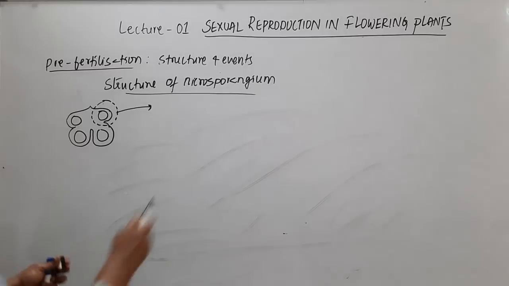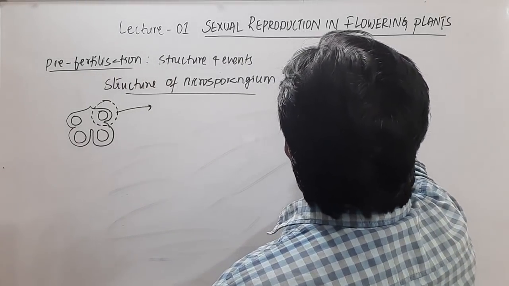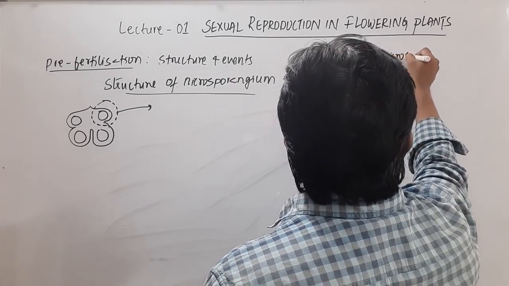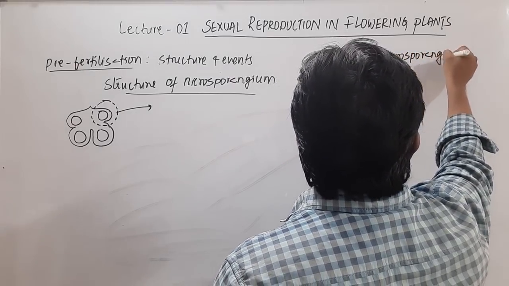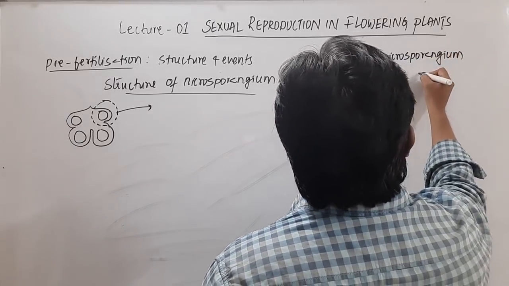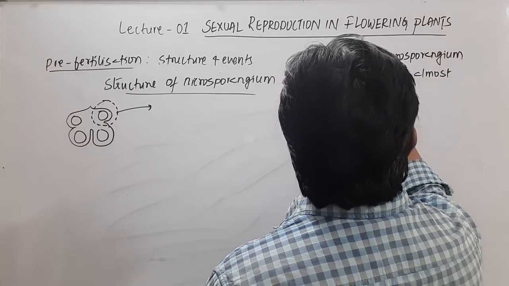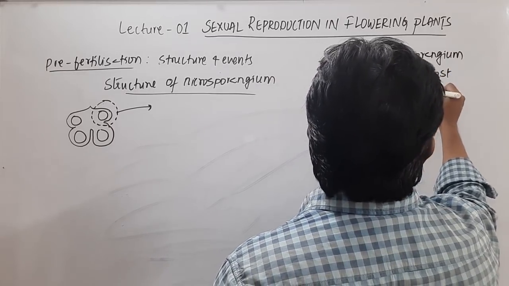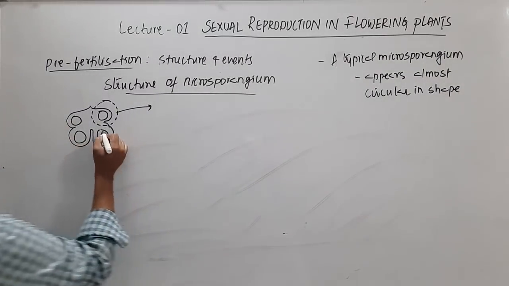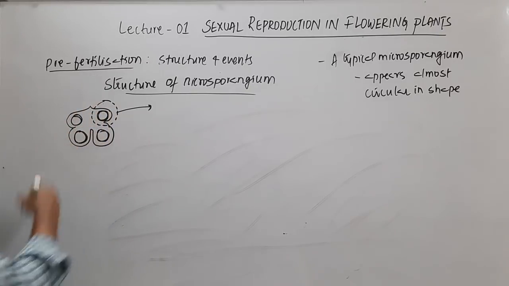Now, a typical microsporangium appears almost circular in shape. You can see which I have drawn here, it's almost circular in shape.